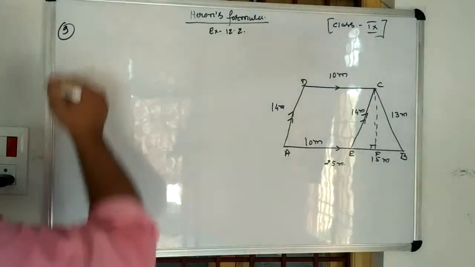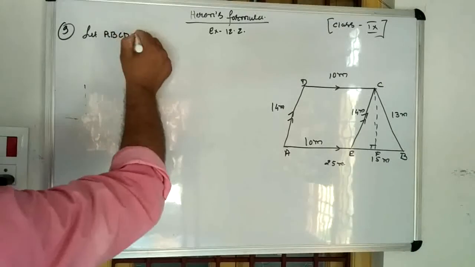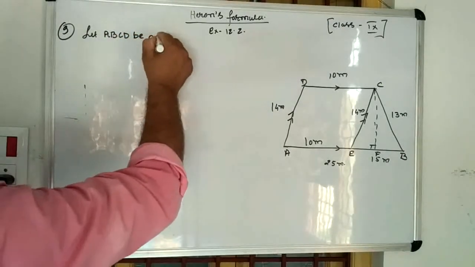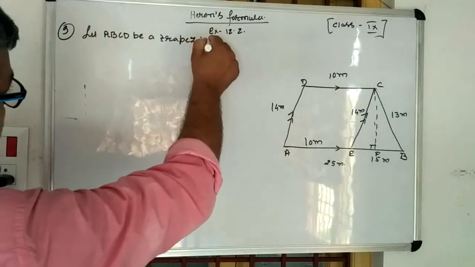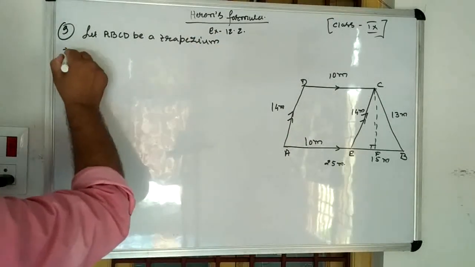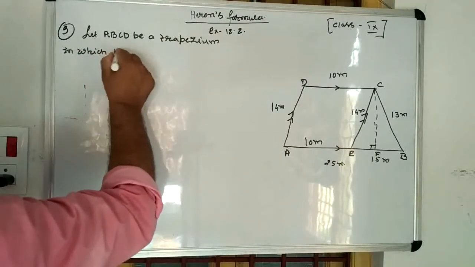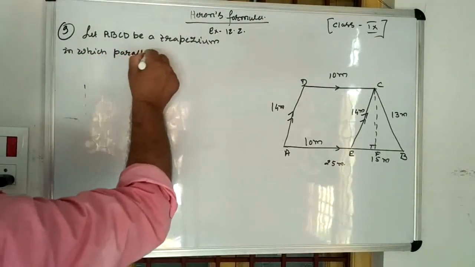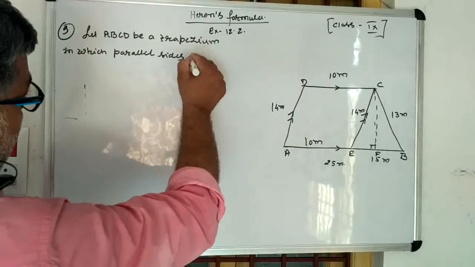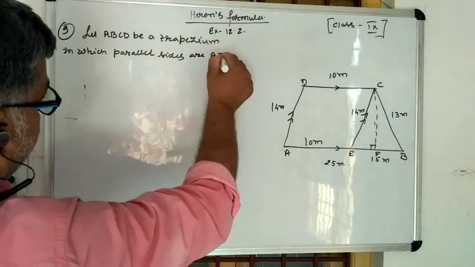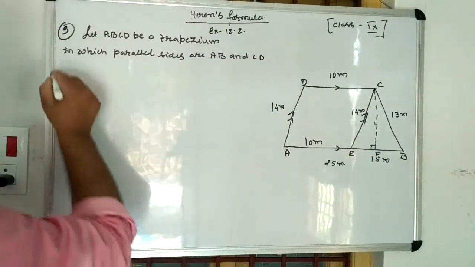So first we write: let ABCD be a trapezium in which parallel sides are AB and CD.